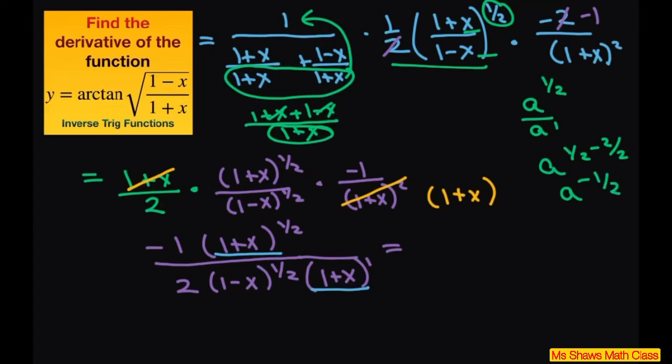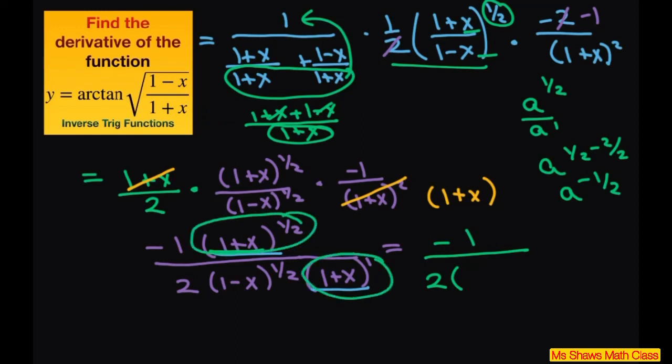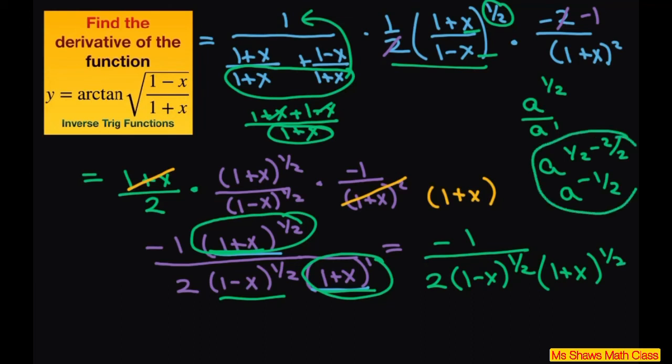So basically, since these are the same, I'm going to get negative 1 divided by 2 times, and I'm just dealing right now with these two right here. This one, just copy this down: (1 minus x) to the 1/2. And now this is going to turn out to be (1 plus x) to the 1/2, because when I did this, this was in the numerator, and now I brought it down to the denominator, because this number was smaller than this number.